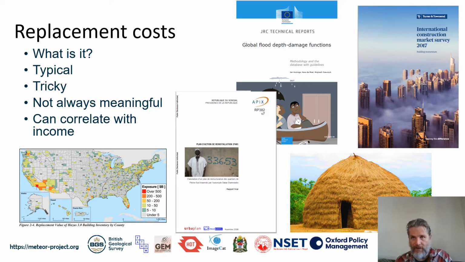So here in the lower right-hand side, I've got a picture of this hut. I just love this picture of this hut. It's amazing to think how that was put together. It's just ingenious, but the replacement cost by some metrics would be zero, right? And that would be zero because whoever built the hut probably wasn't paid.